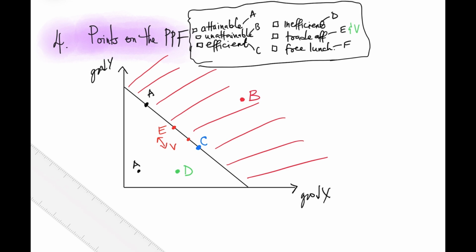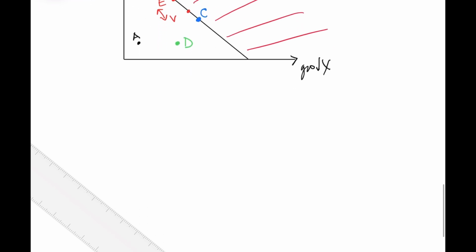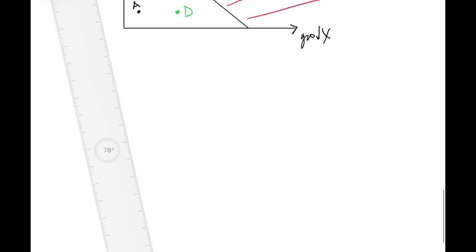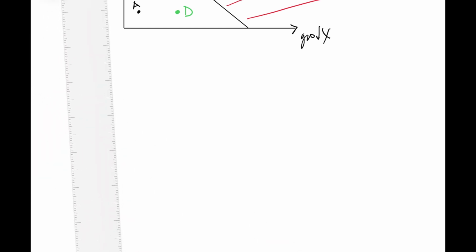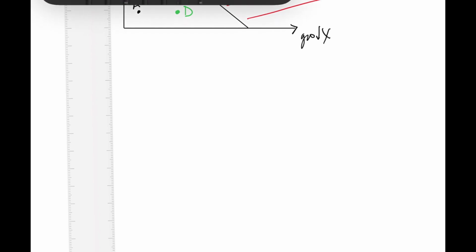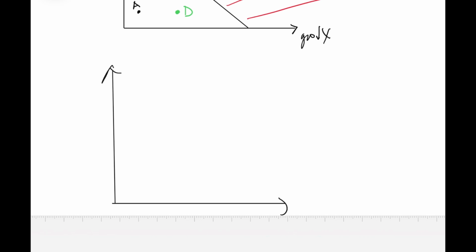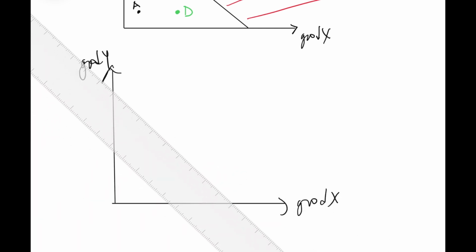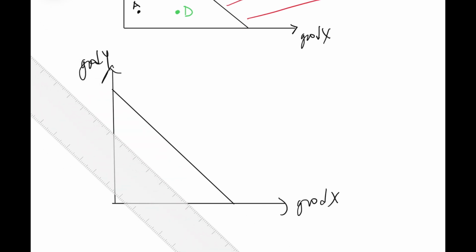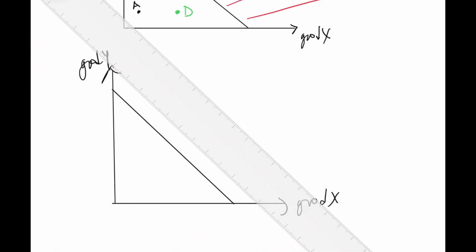Now, to better illustrate this, how about I draw a new one, let's illustrate this separately from all the color. That way you can see what it is that I'm doing and better understand that good Y, good X, and then I have my linear PPF right here.